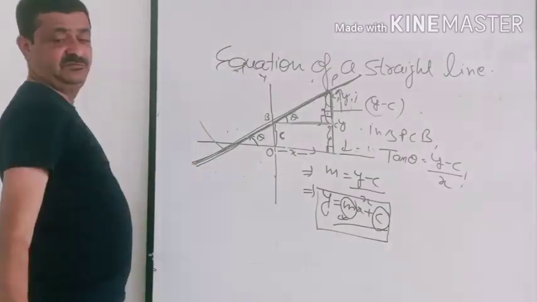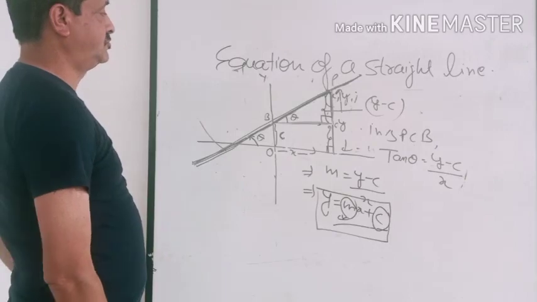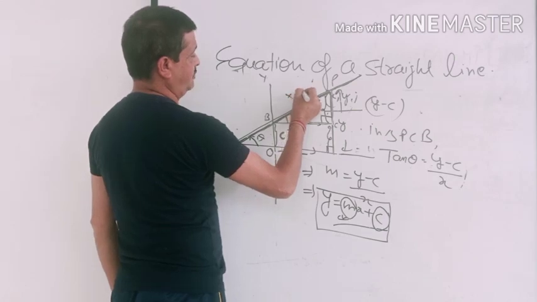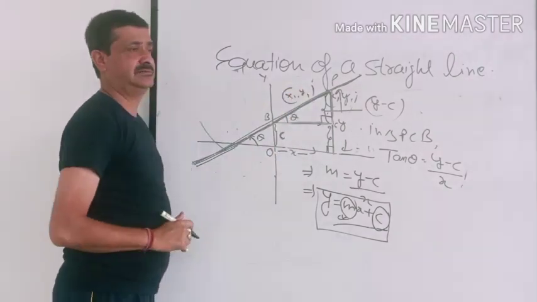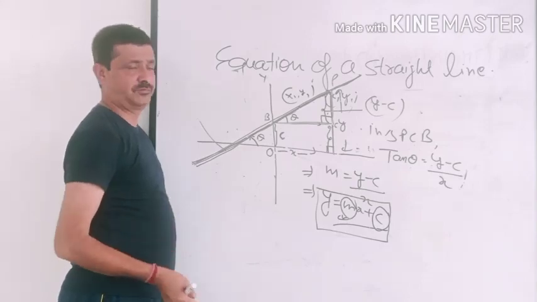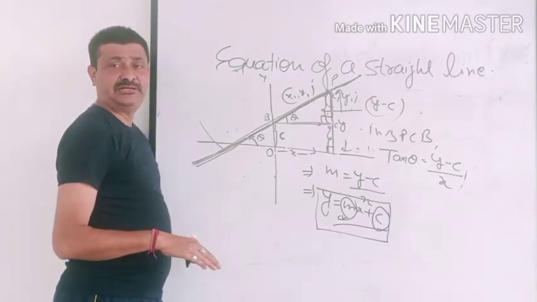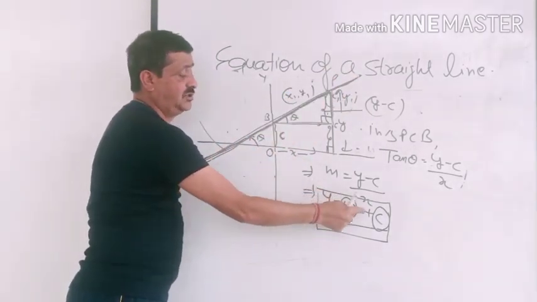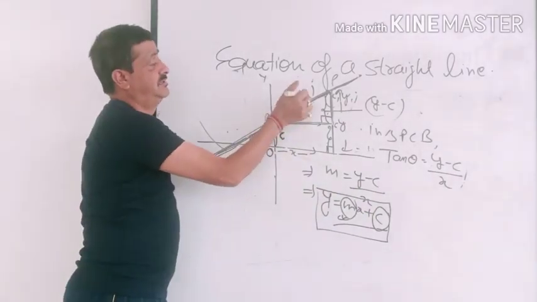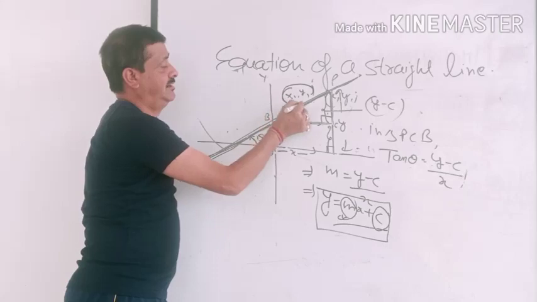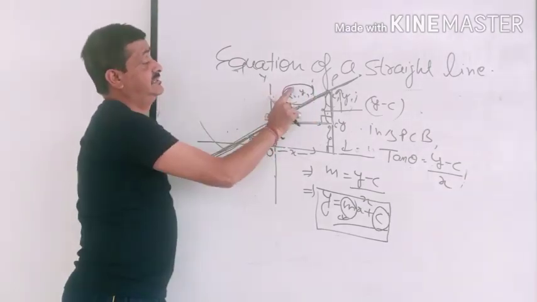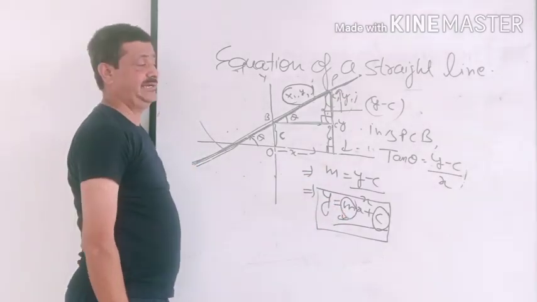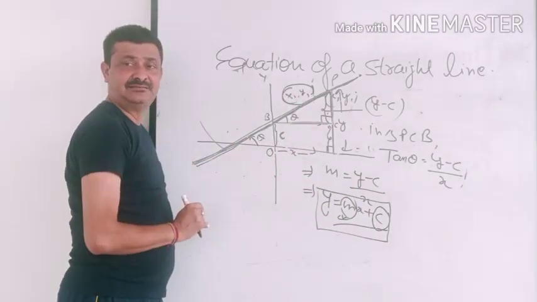With the help of this, we can find other forms also. Suppose this line contains a particular point x1 y1. Now you know a particular point on it, 1, 2, 3, 4. A particular point can be any point. So what will happen? If the equation of this line is y equal to mx plus c, what does it mean? This particular point that you know, clear, this point will also hold this relation. That's why y is equal to mx plus c is the equation of a straight line.